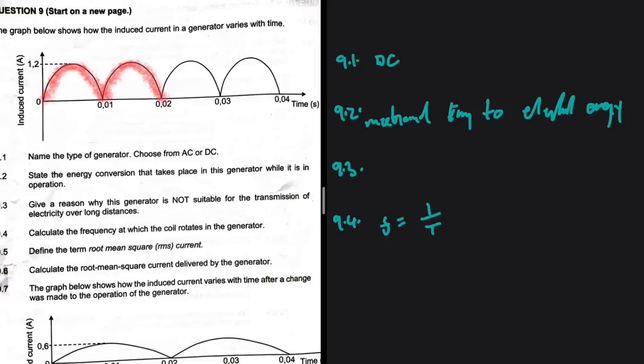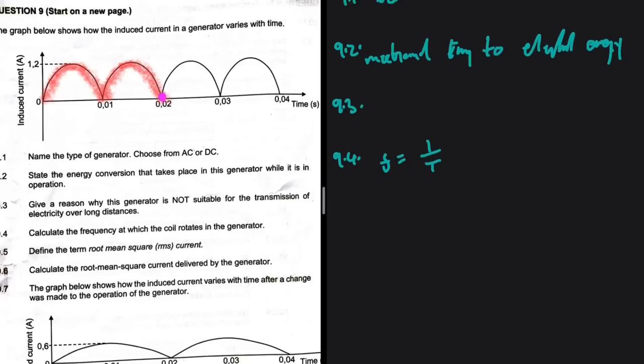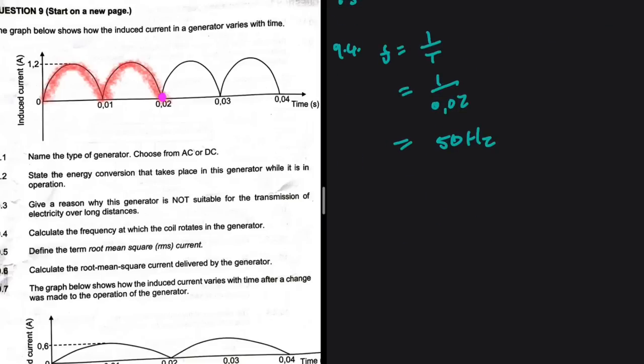So from 0 to 0.02, that is a period, right? We have completed 1 cycle. So the frequency is going to be equal to 1 divided by 0.02. So 1 divided by 0.02, this is 50 hertz. So there we go. Oh, that is the frequency, not the period. 50 hertz.